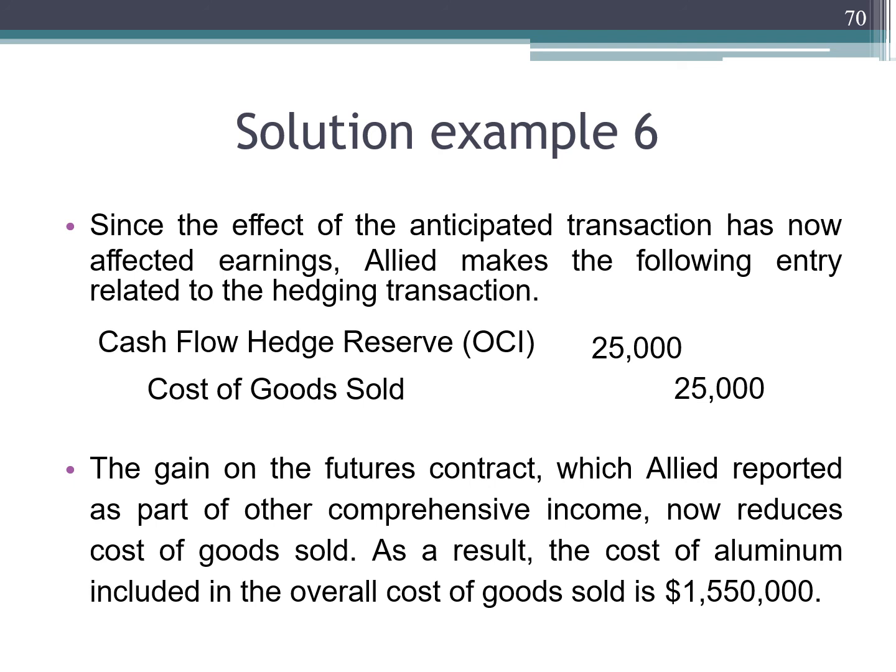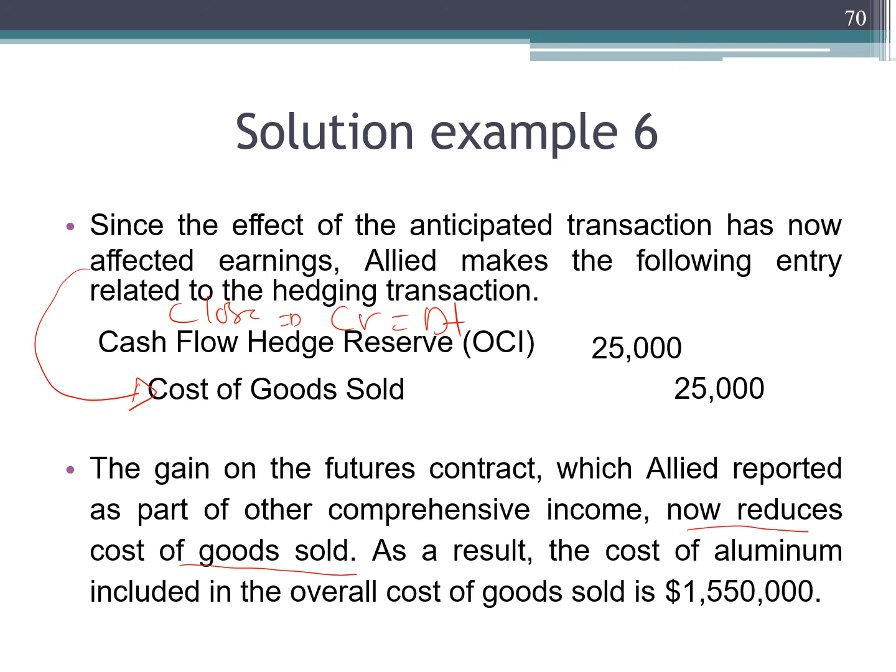For the cash flow hedging, we're going to close the account. Previously you had the credit side, so now you need to debit. Debit the cash flow hedge reserve in other comprehensive income 25, and then credit your COGS, which is going to affect your earnings. So the gain on the future contract which Allied reported as part of other comprehensive income is now going to reduce your COGS.